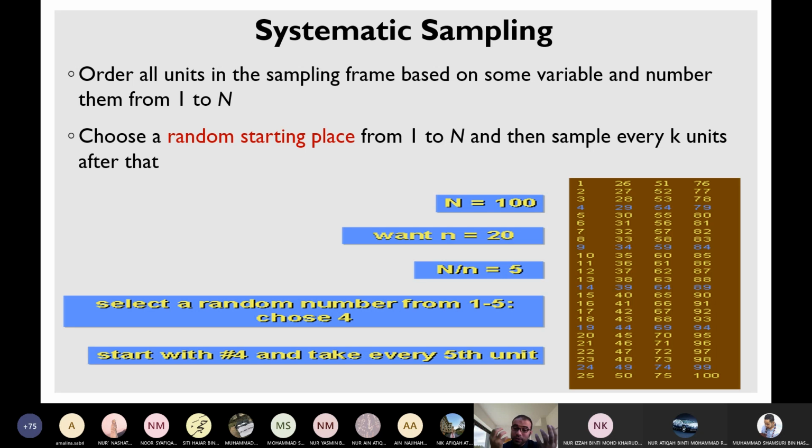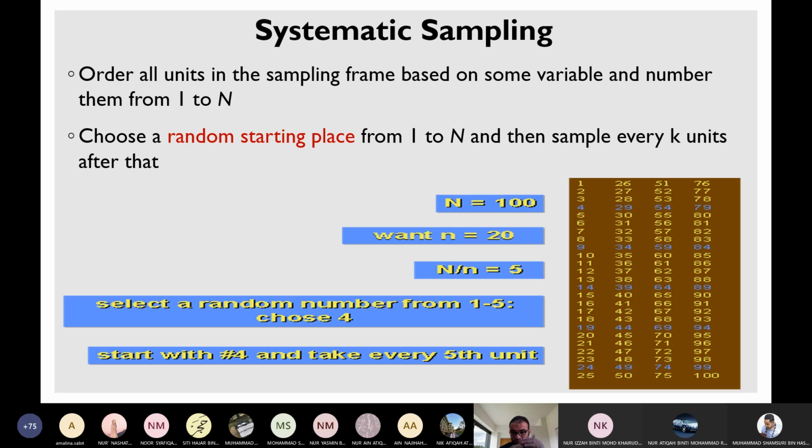And we want to take this 20 in a systematic way. Systematic here refers to the interval between each and every unit. After how many units will we take each one? One good question may come to your mind now: where is the random here? Where is the probability?